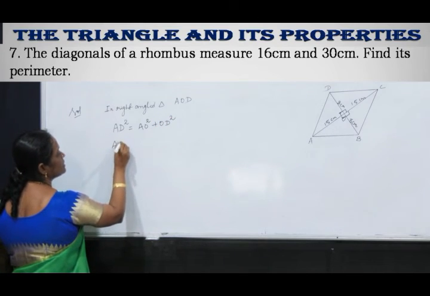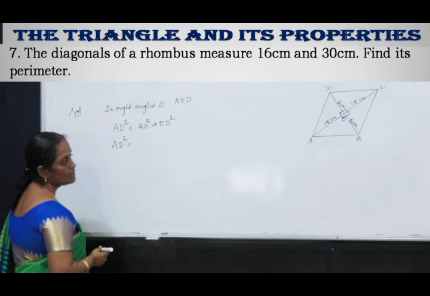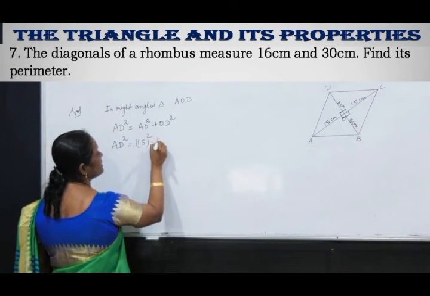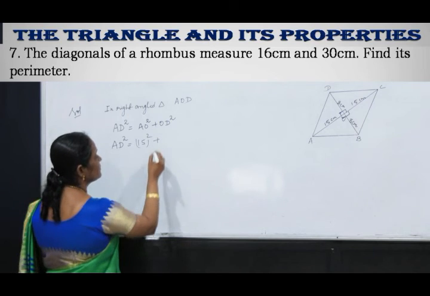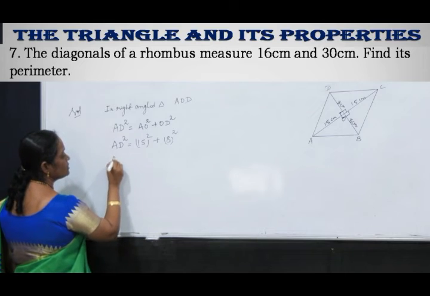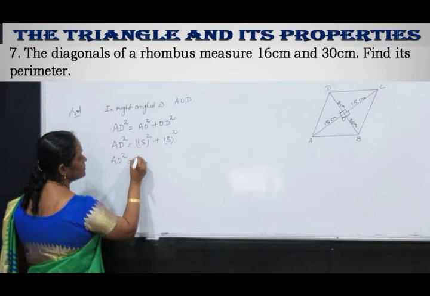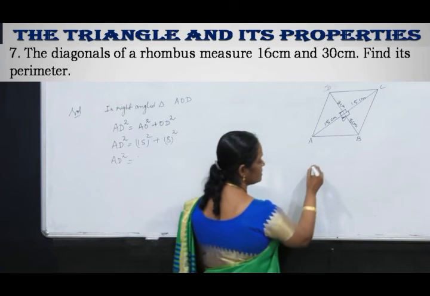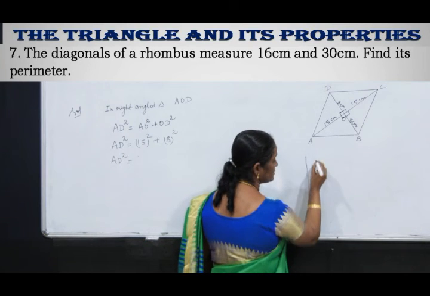AO is 15, so 15 square, plus OD is 8, so 8 square. AD square is equal to 15 square, which is 15 into 15.